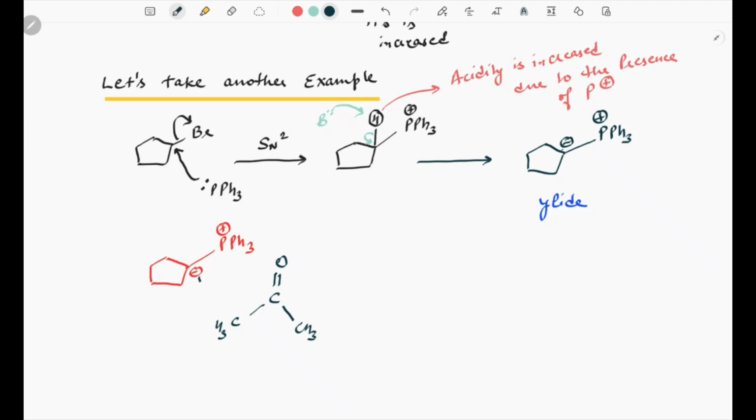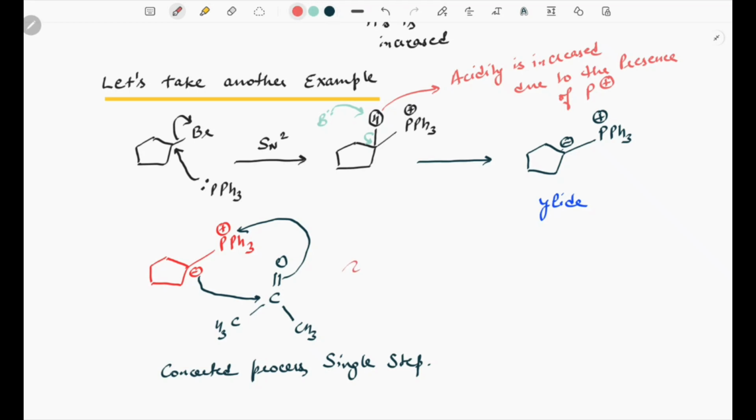So what will happen? This negative charge will attack the carbonyl carbon. The electrons will go to phosphorus. So this is a concerted process, you can say, which is occurring in a single step.